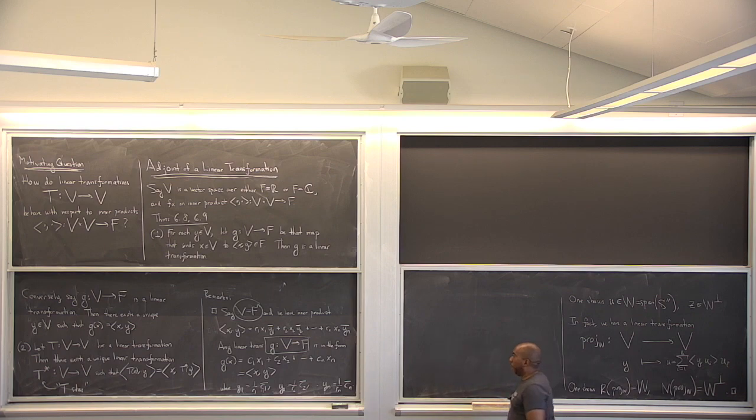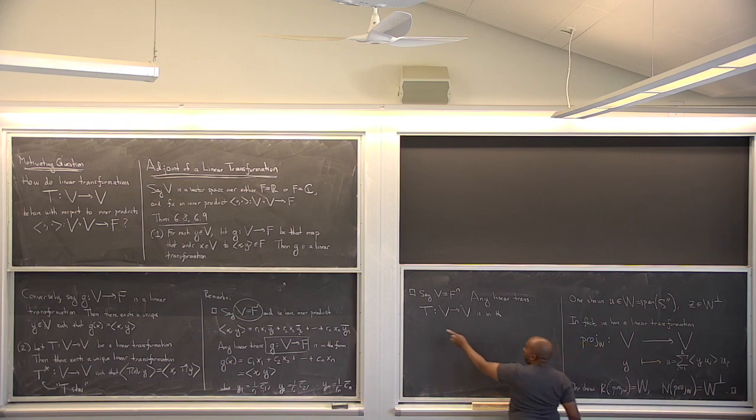Now if we keep going, so again, let's say that we have this here. And now let's say that we have a linear transformation, call this T. This is in the following form.